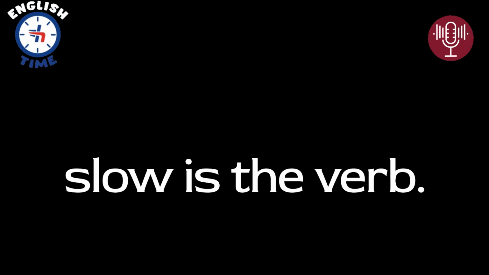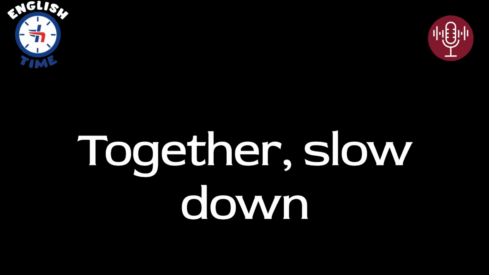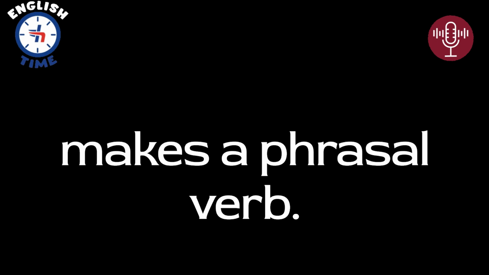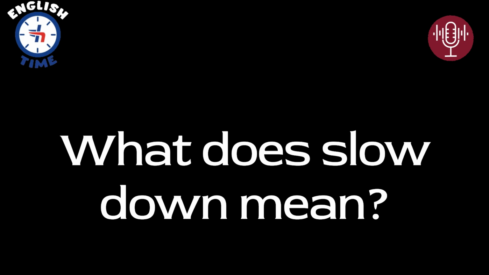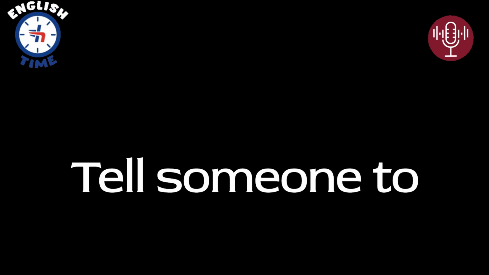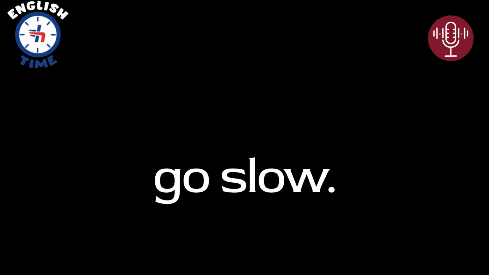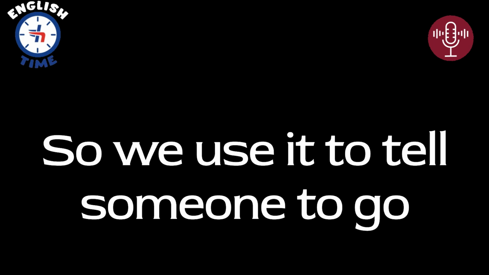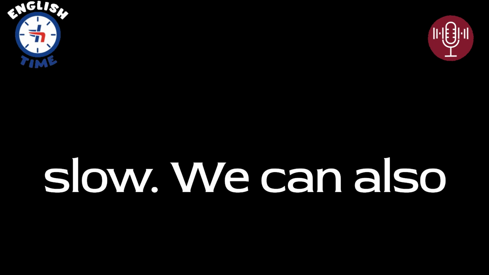Slow is the verb. Together, slow down makes a phrasal verb. What does slow down mean? Slow down means to tell someone to go slow. So we use it to tell someone to go slow.